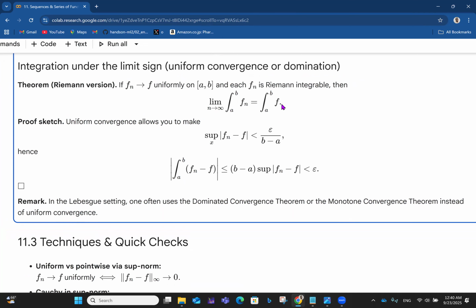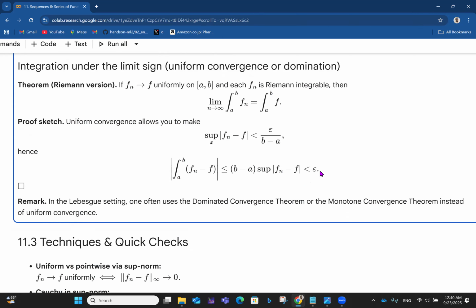And the proof sketch is something like this: uniform convergence allows you to say that the supremum over x of the absolute value of Fn minus f is less than epsilon over b minus a. Hence, the absolute value of the integral from a to b of Fn minus f is less than or equal to b minus a multiplied by the supremum of Fn minus f, which is less than epsilon.